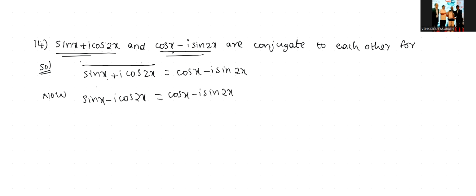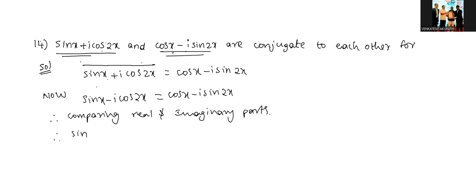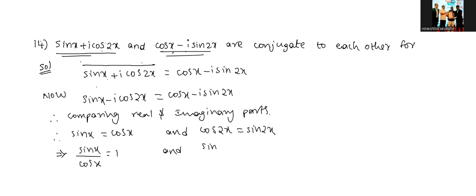Therefore, comparing real and imaginary parts, sin x is equal to cos x and cos 2x is equal to sin 2x. From this equation, we can write sin x by cos x is equal to 1 and sin 2x by cos 2x is equal to 1.